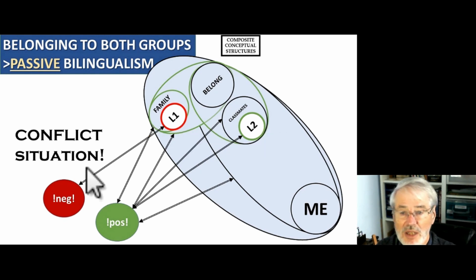In fact, it will definitely not outrank it, because it will be negatively valued. So in this conflict situation, your only recourse is a passive bilingualism. You cease to respond in the L1 and only reply in the L2, wherever you can. And there you have a situation of passive bilingualism.